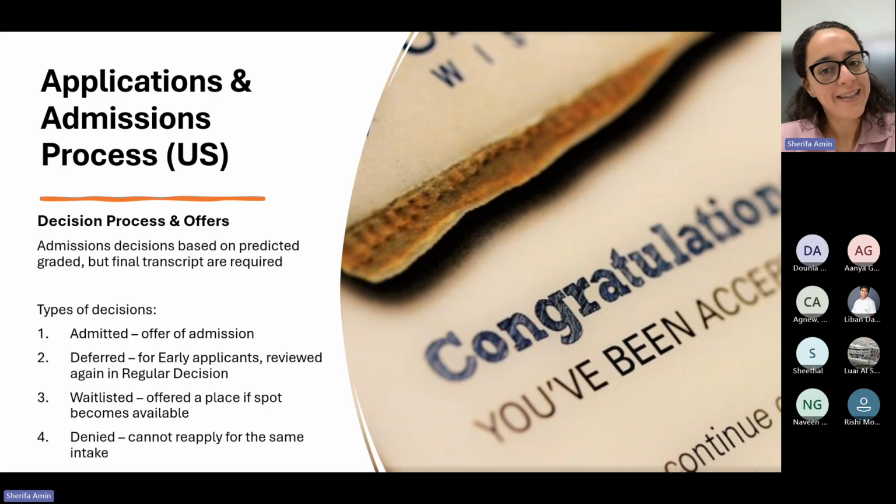Sometimes students can be waitlisted, which means that they're not admitted, but may receive an offer later if spots become available. And in some cases, unfortunately, not everywhere we apply will we get accepted to. If a student is denied, that means they can't apply for the same intake, but maybe they can apply the year after.